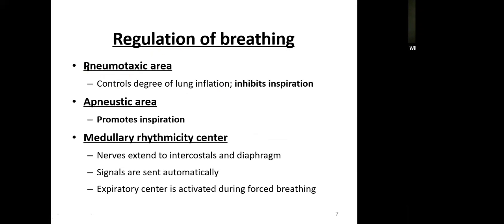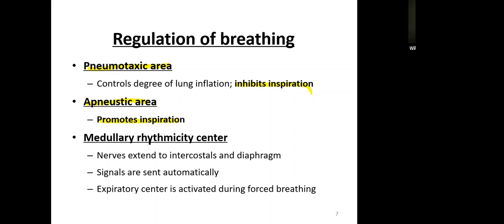We have a pneumotaxic area which controls the degree of lung inflation and inhibits inspiration. And we have an apneustic area which is responsible for the promotion of inspiration. We're going to look at how these work and how they control the overall regulation of breathing.